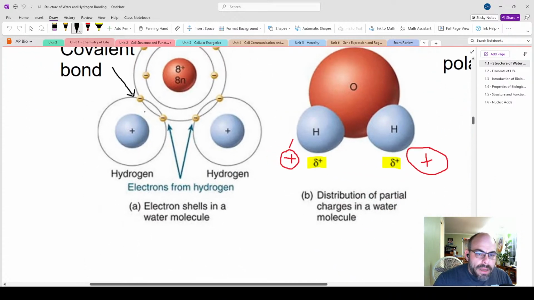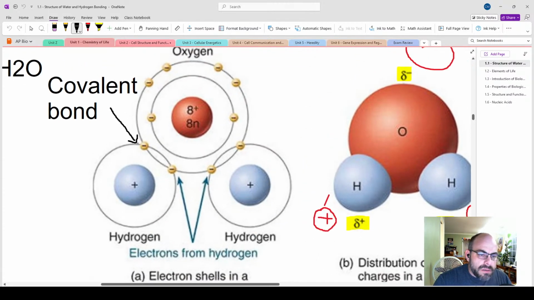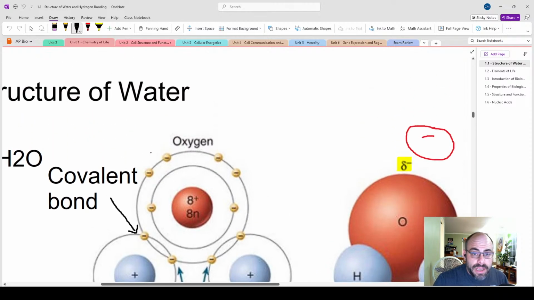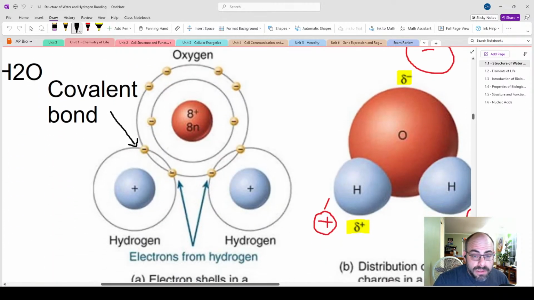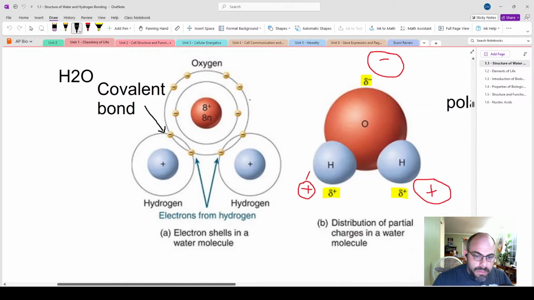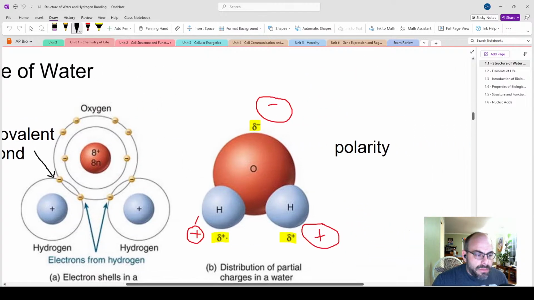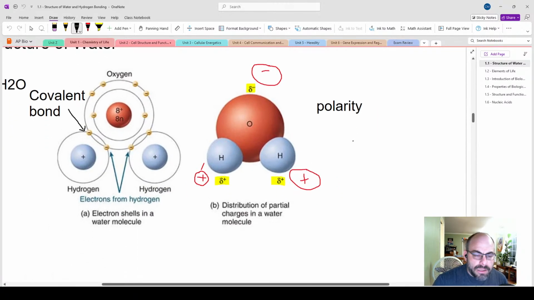However, when you combine them together, they will share. So they have properties as neutral atoms. But when you combine them together, they'll share all 10 of those electrons, 8 here, 1 each here. And because oxygen is so much bigger, there's this new emergent property that happens, and it's the unequal sharing of electrons. They're still sharing them, but they're sharing them unequally, and that is where polarity comes in.